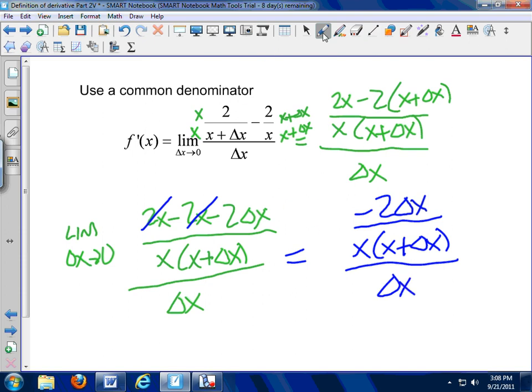So it kind of looks like we have a fractiony thingy. That's even worse, but we have a complex fraction, a fraction divided by a fraction. So I'm just going to look at that as delta x over 1.